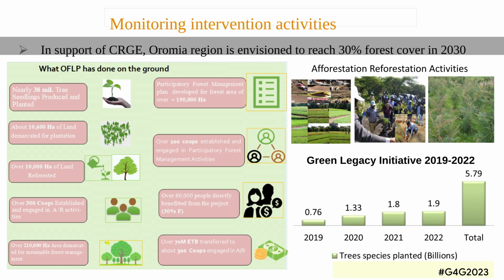Because they are working on that, if we are successful, we can get result-based payment. The last figure shows the Green Legacy Initiative, which is a huge forest development initiative that the government of Ethiopia is enacting.